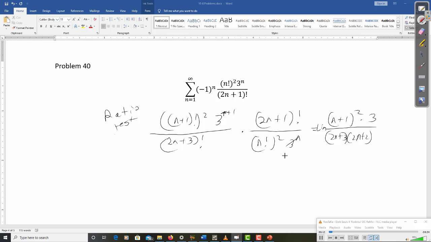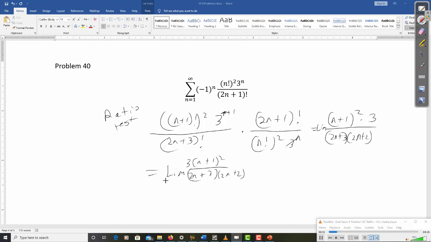Limit. Okay, so we basically have a rational expression, 3 times n plus 1 squared over 2n plus 3 times 2n plus 2.